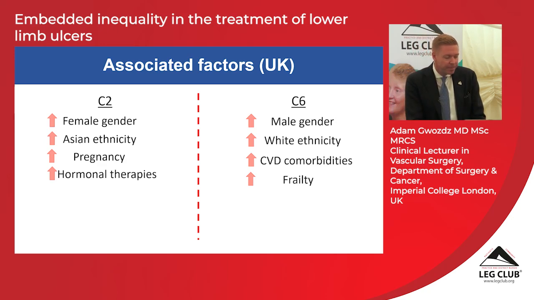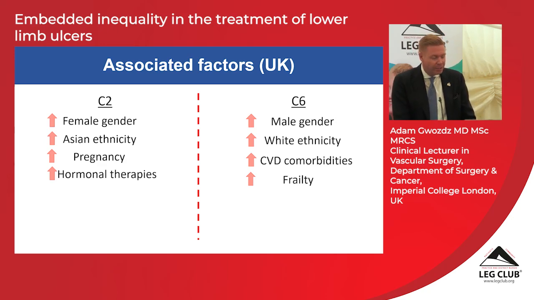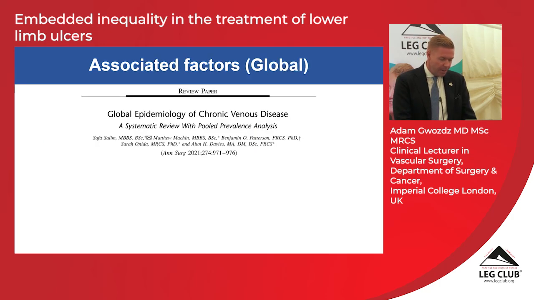So for C2, you're more likely to be female, Asian ethnicity, having previous pregnancies, being on hormone therapy. Being C6, you're more likely to be male, white. In terms of the CVD here means, rather than chronic venous disease, cardiovascular comorbidities, and being more frail.